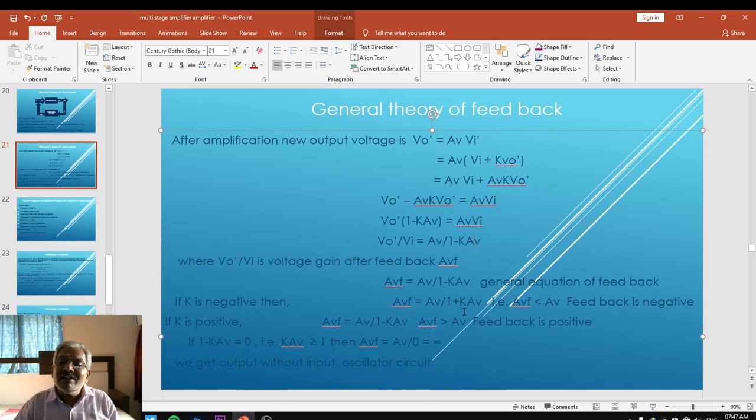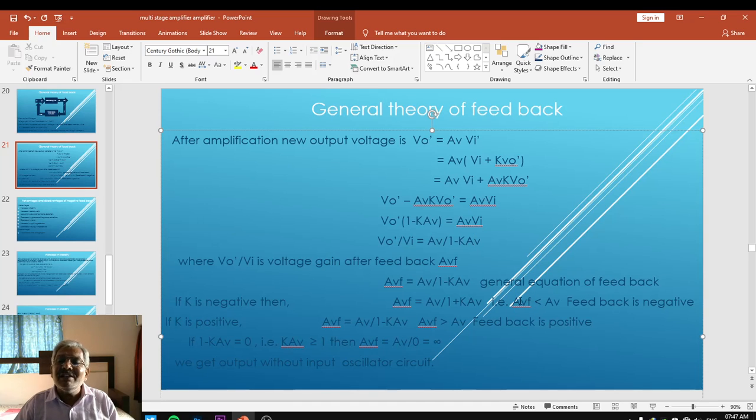Now in this general equation of feedback, if K is negative, then the general equation becomes AVF equal to AV upon 1 plus KAV, because K is equal to minus K. This indicates that AVF is less than AV, naturally.